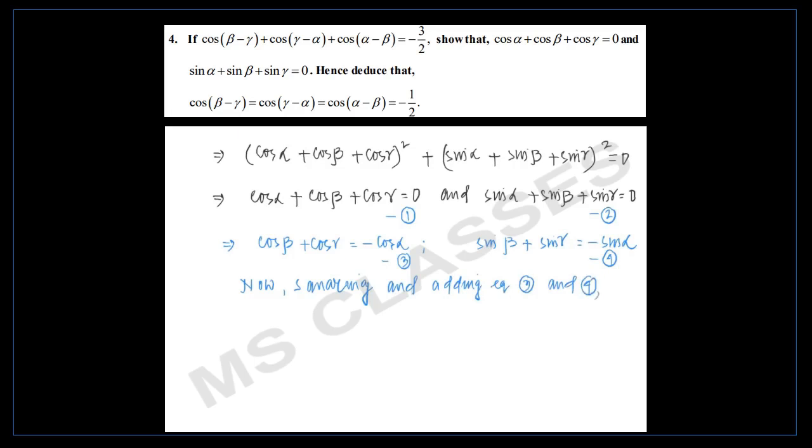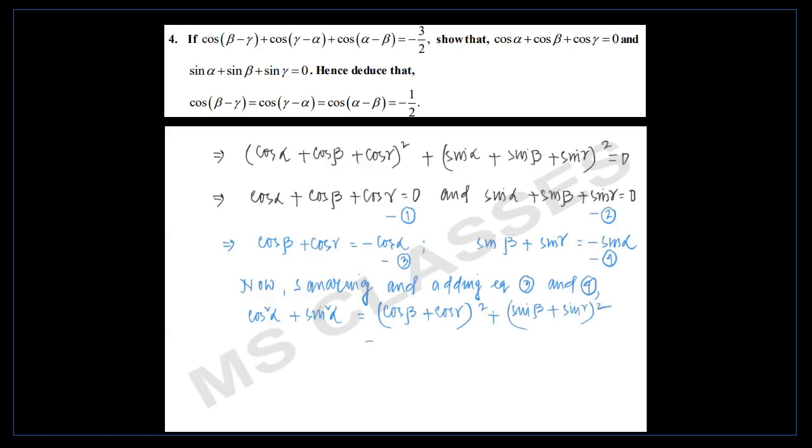So what we'll get? We'll get cos square alpha plus sin square alpha equal to cos beta plus cos gamma whole square plus sin beta plus sin gamma whole square.